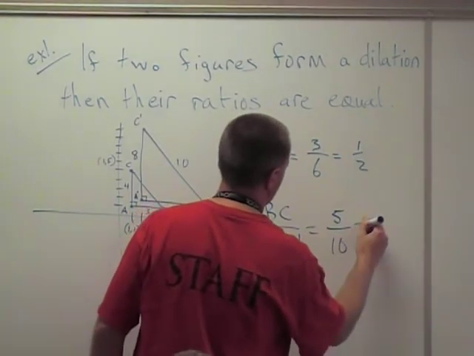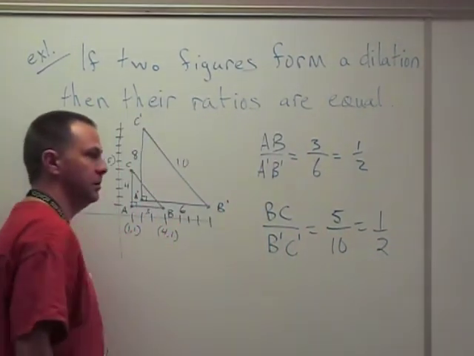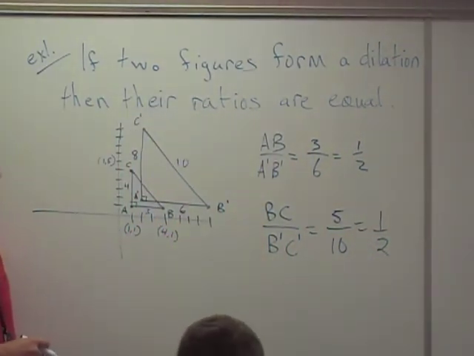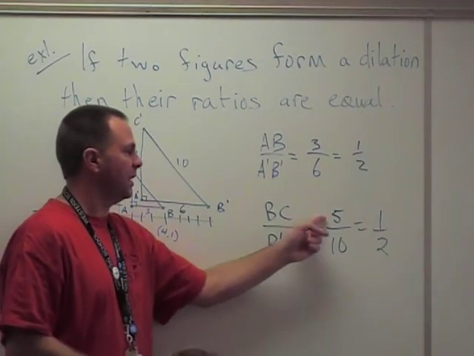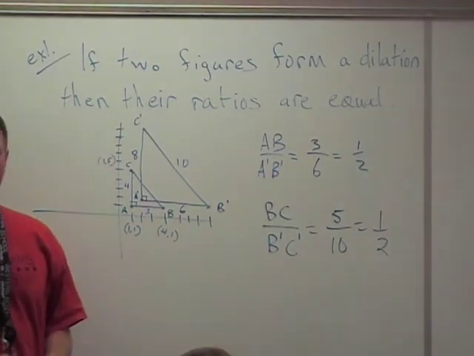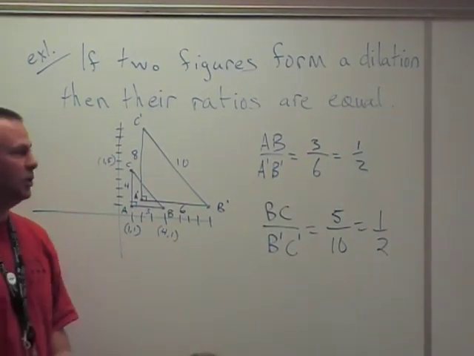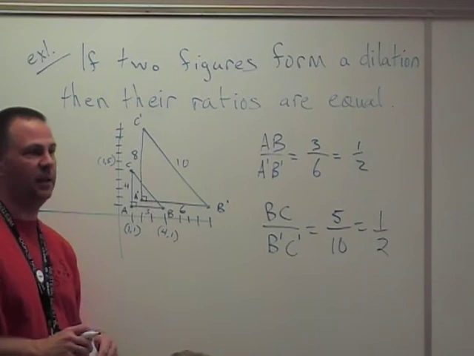Are the ratios equal? Yes. Or you could just say 3 is to 6, as 5 is to 10. Is that proportion equal? Yes, it is. So we formed a dilation.